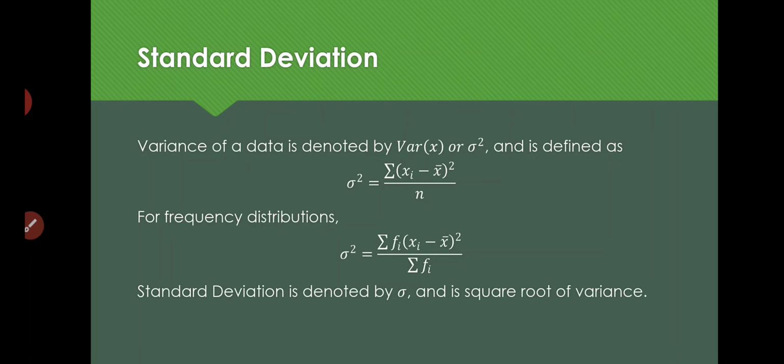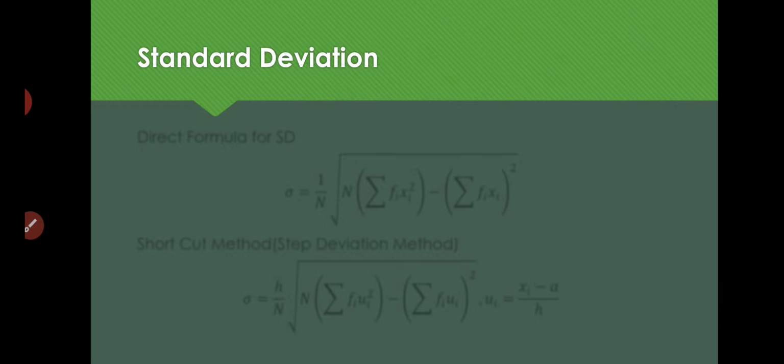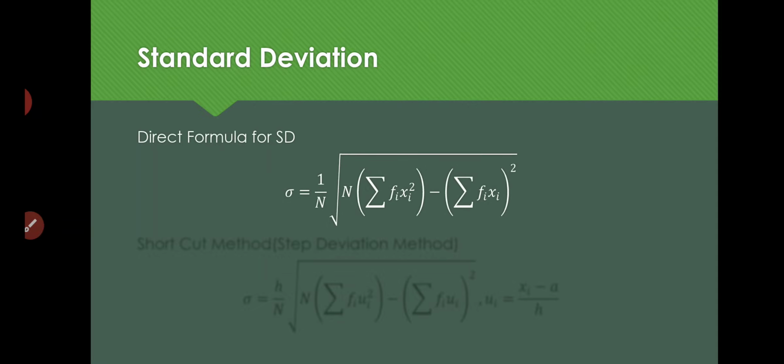Fine. Then there are some direct formulas for calculating standard deviation. So if we don't want to calculate the variance first and then the standard deviation, and the question is asking only for the standard deviation, then we can definitely use this direct formula, that is sigma equals 1 by N under root N into summation of fi xi square minus square of summation of fi xi.